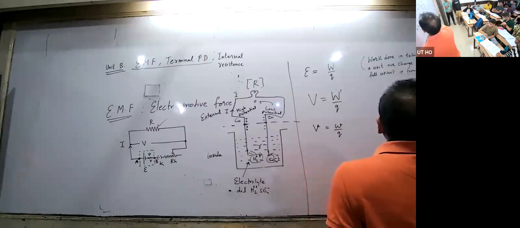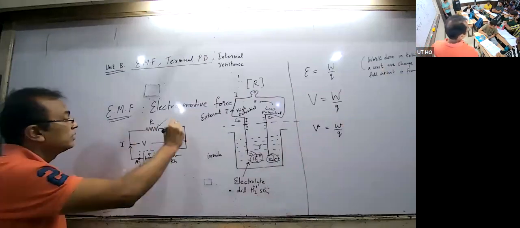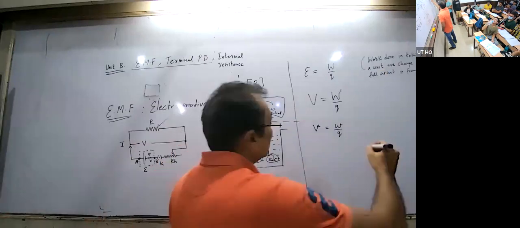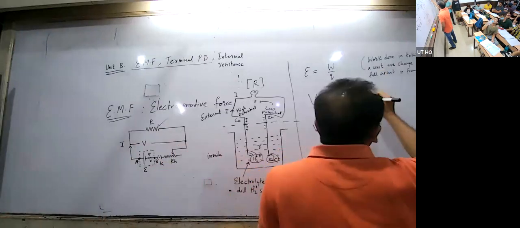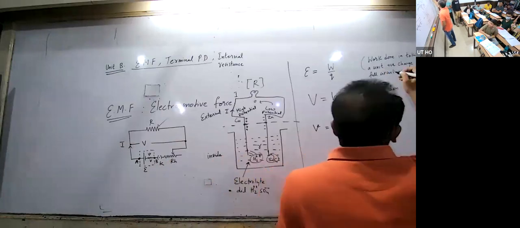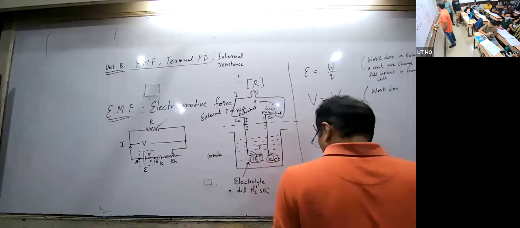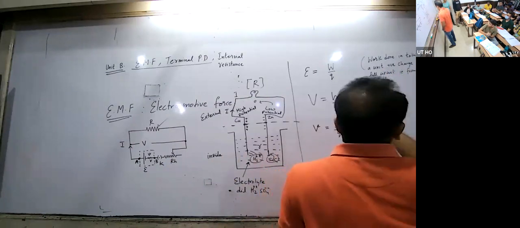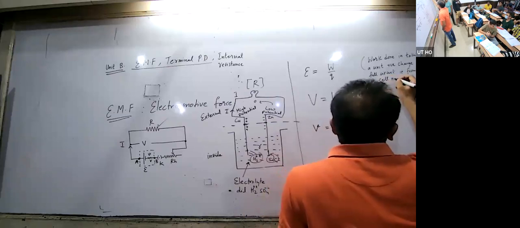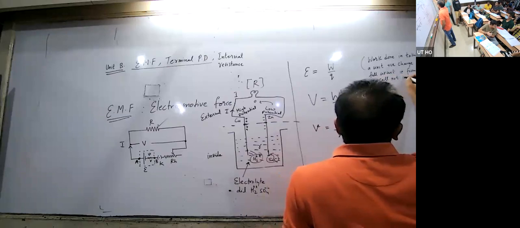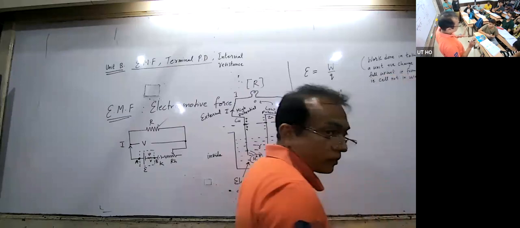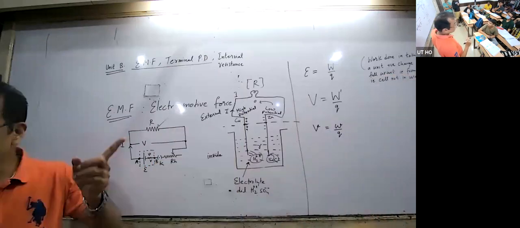A से start किया, पूरा फिर से A पे ले गया. That is EMF, right? Here, in this case, the cell is not in use. No current is drawn from the cell. Only when the cell is not in use is this possible. Okay?